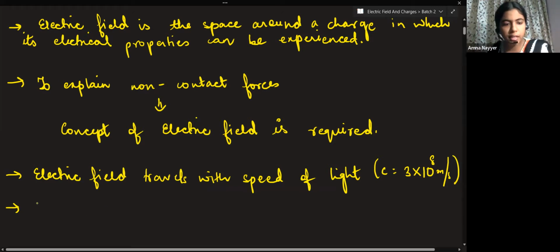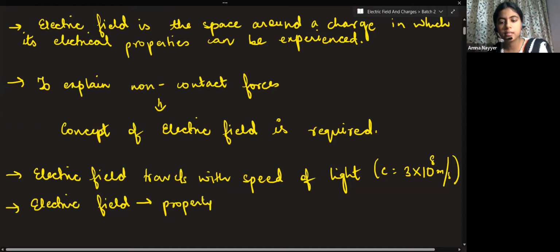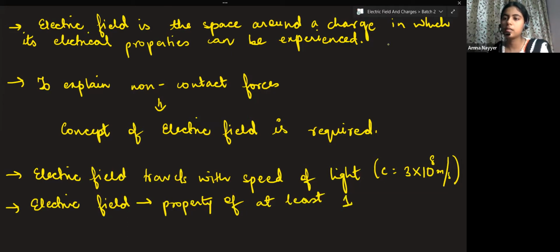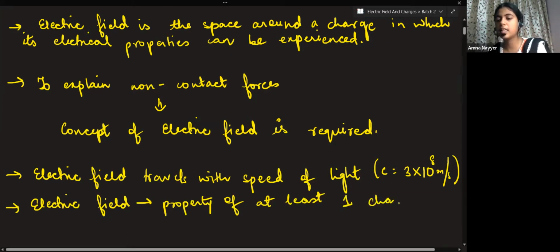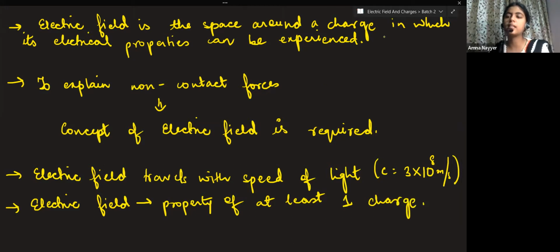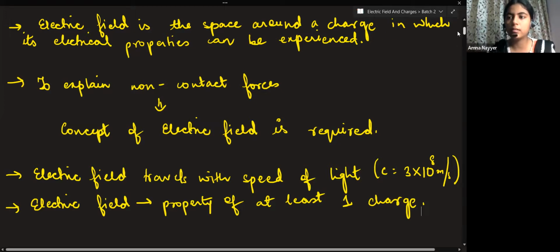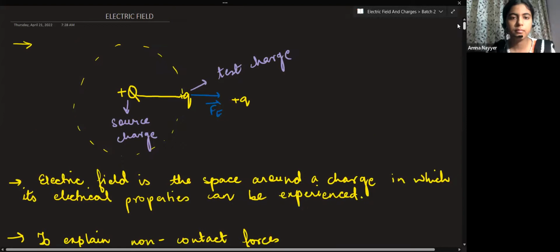So electric field is the property of at least one charge. A single charge is required. All right, so this is the basics about your electric field. Just note down these points, then we'll see further.